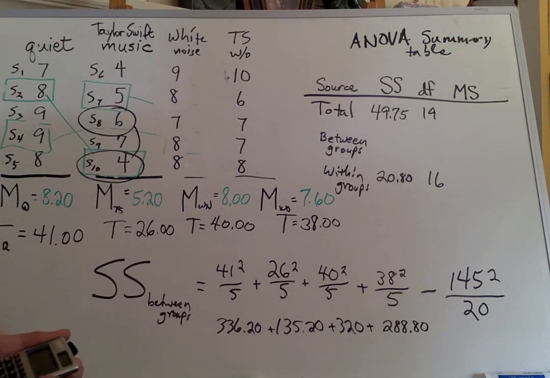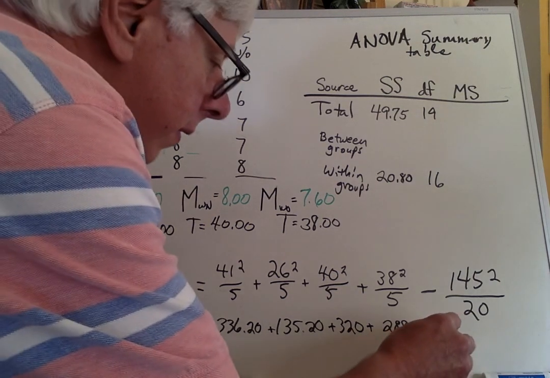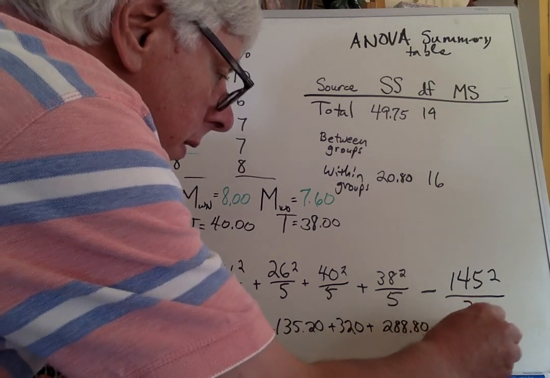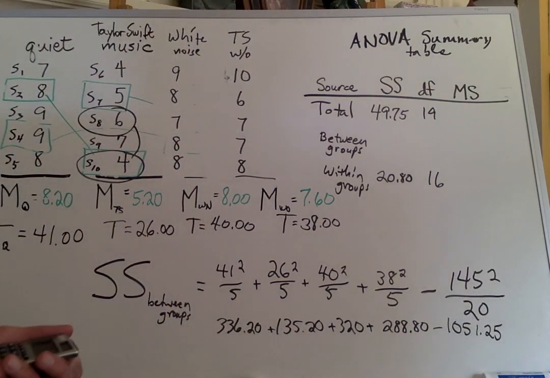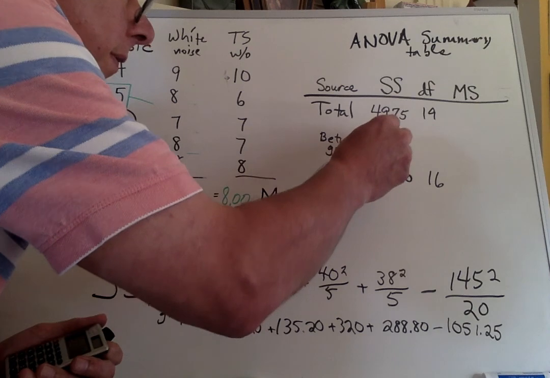Okay. 145 squared divided by 20: 1051.25. Okay, let's get this. 336.2 plus 135.2 plus 320 plus 288.8 minus 1051.25 equals 28.95.